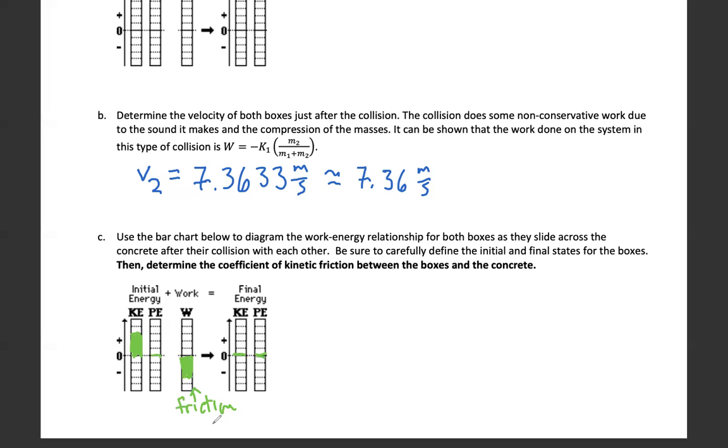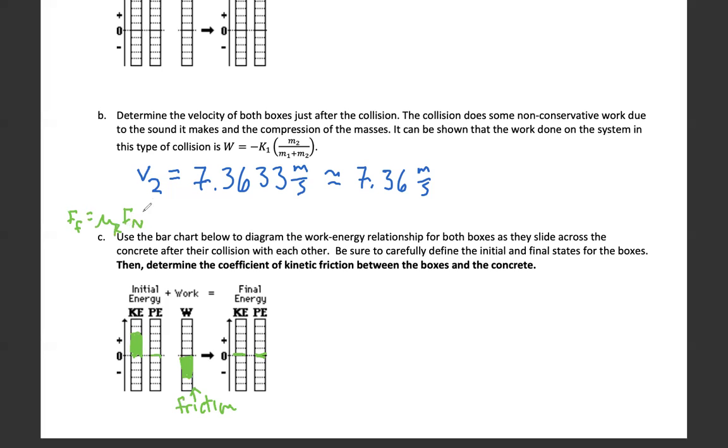That's the work due to friction. And I'm going to go up here. Hopefully you remember that the frictional force is mu times the normal force. We could call it mu k if we want to be precise, kinetic friction.